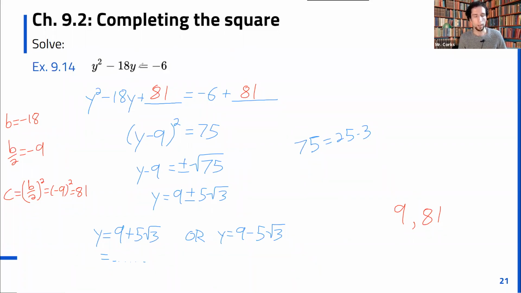The square roots are going to disappear, and we're just going to end up with this -6. I'll skip that checking process, but we can always substitute these back into the original to check. Okay, that's the completing the square method.